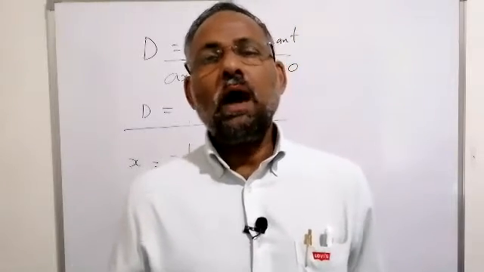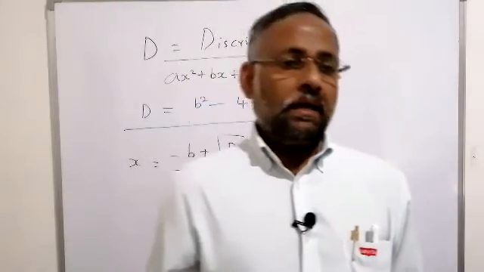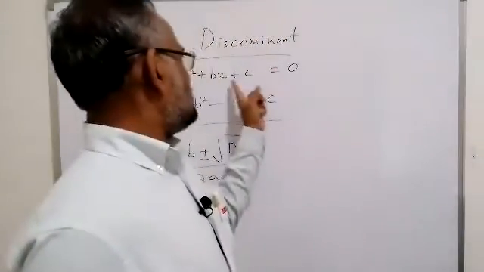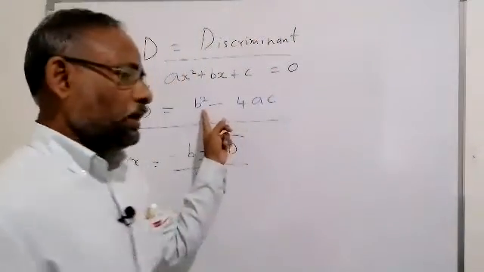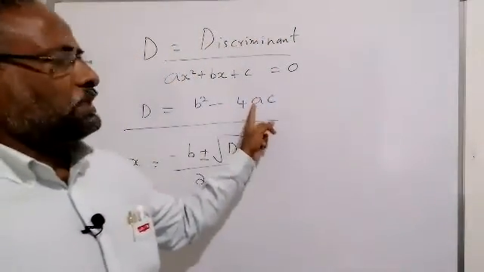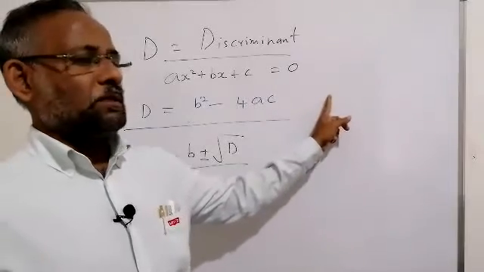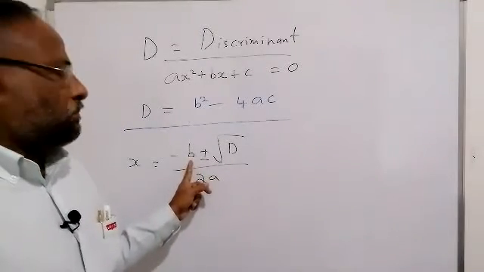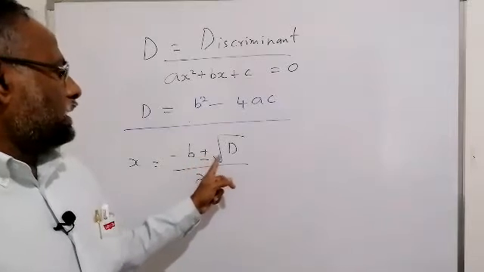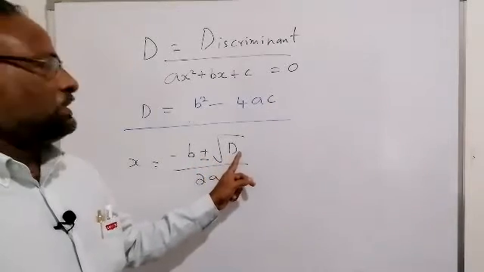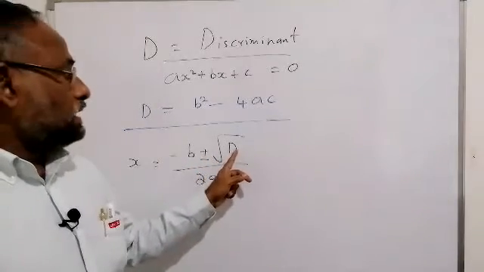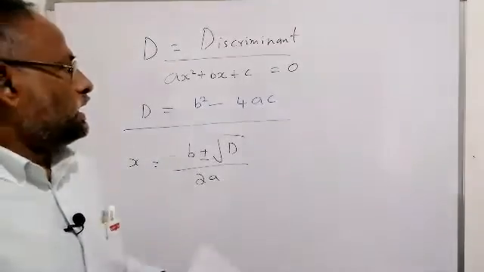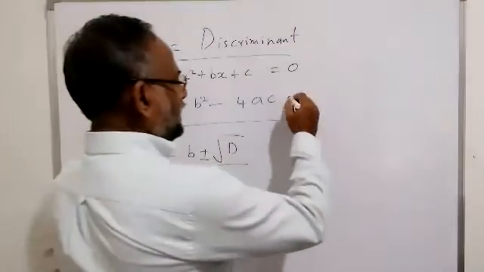First, you have to do that and check if D is less than 0, that means b square minus 4ac less than 0. Here I am telling the condition.